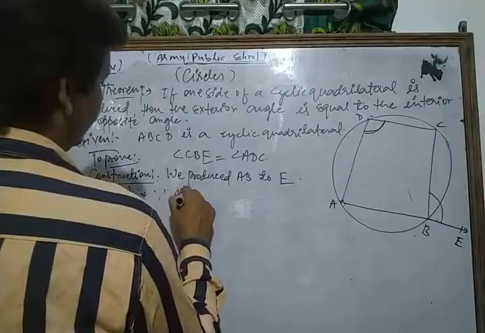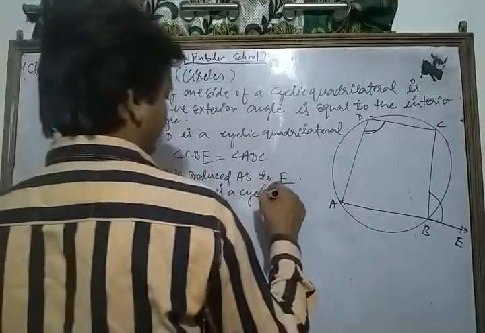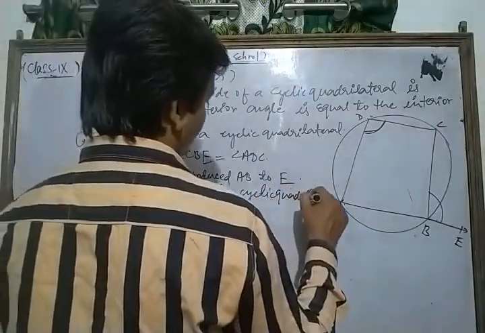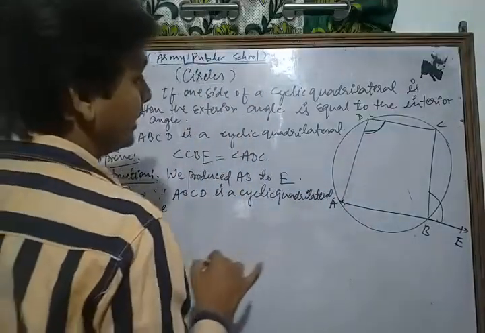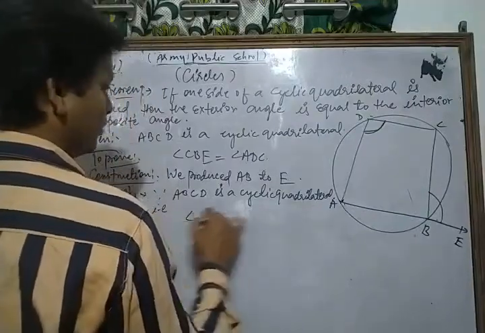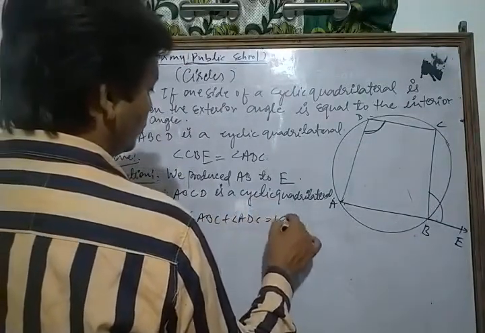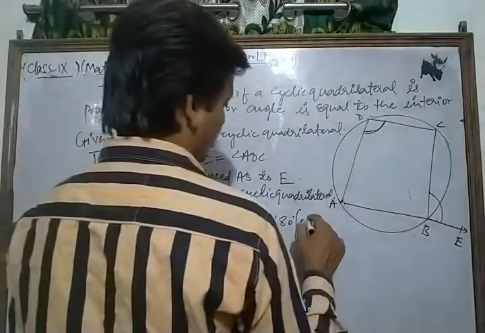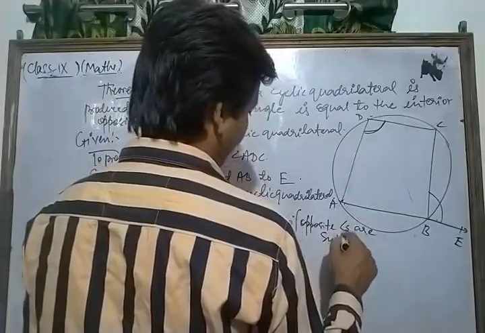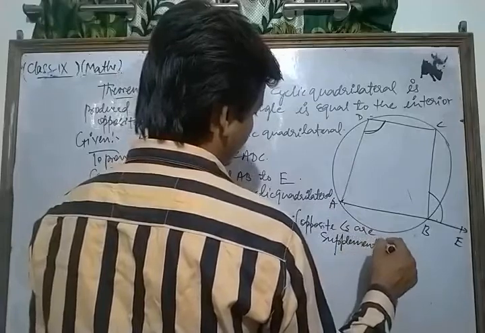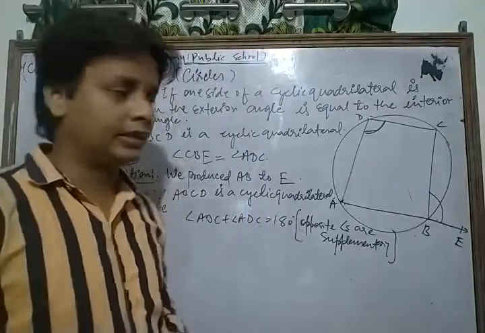Since ABCD is a cyclic quadrilateral, the sum of angle ABC plus angle ADC is equal to 180, because opposite angles are supplementary, means the sum of their measures is 180 degrees. This is equation 1.